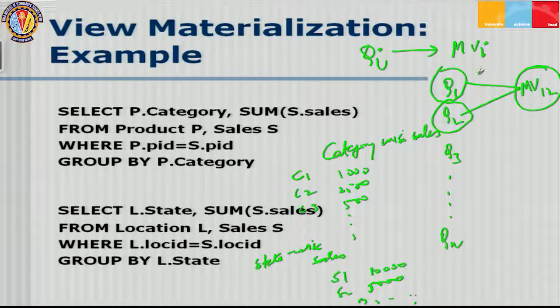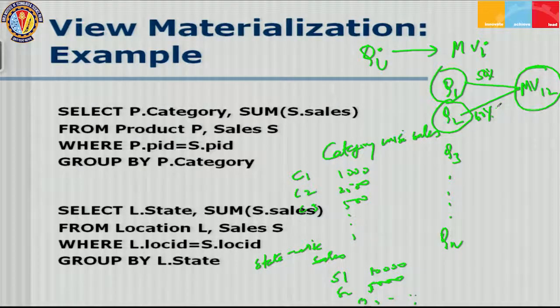So suppose 50% of the work of Q1 is already done in materialized view 1, and say 60% of the work of Q2. So we need to design materialized views in such a way that they benefit not just one query but multiple queries. That's the idea.